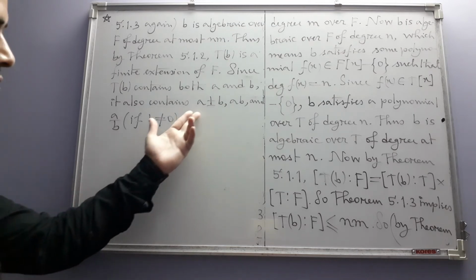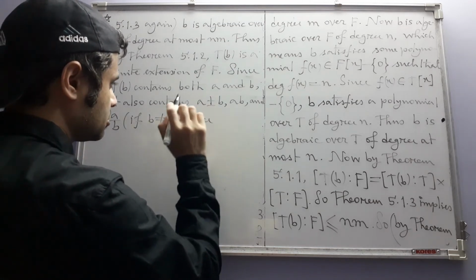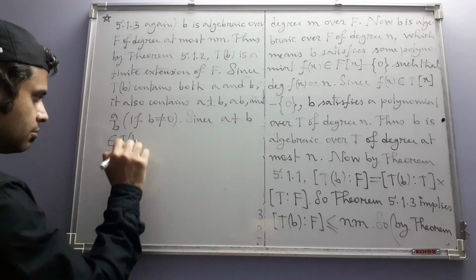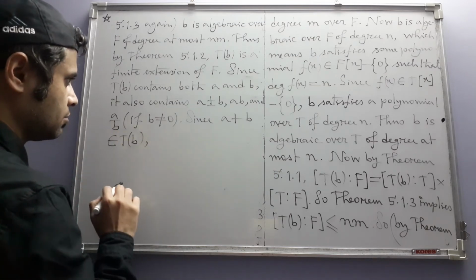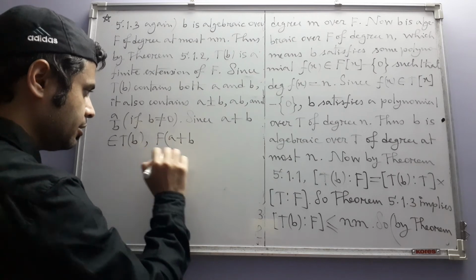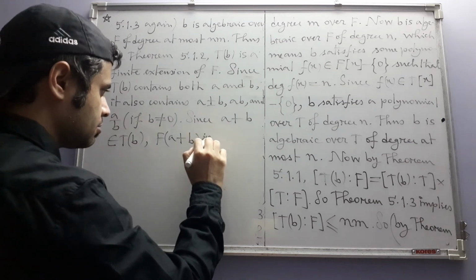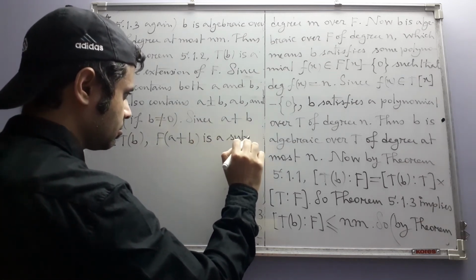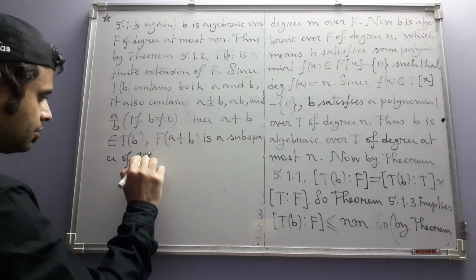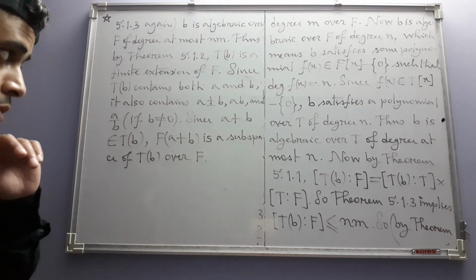Now we take only one of these elements, say A plus B. Since A plus B belongs to TB, the subfield obtained by adjoining A plus B to F, just like FA, is a subspace of TB over the field F. Why?